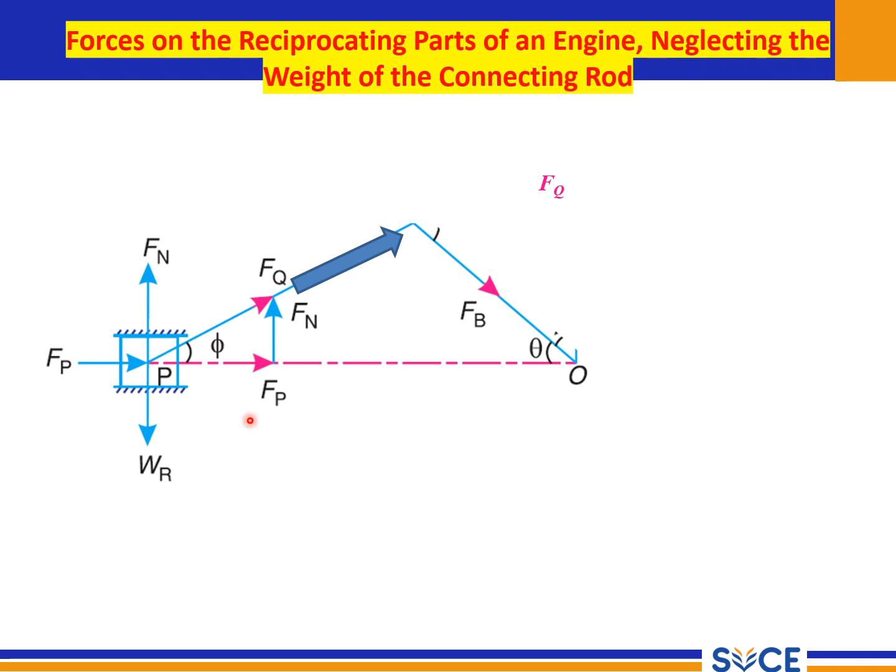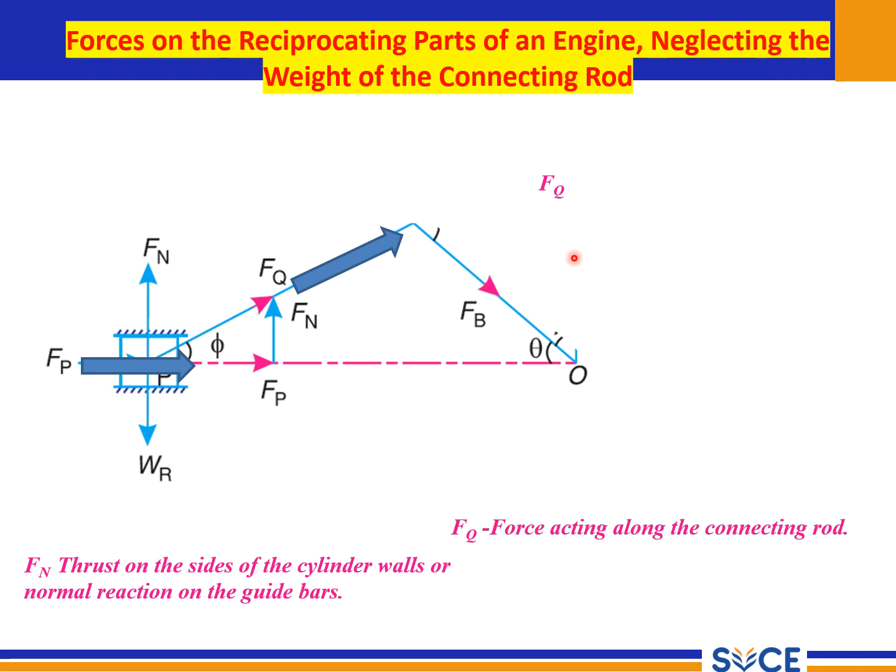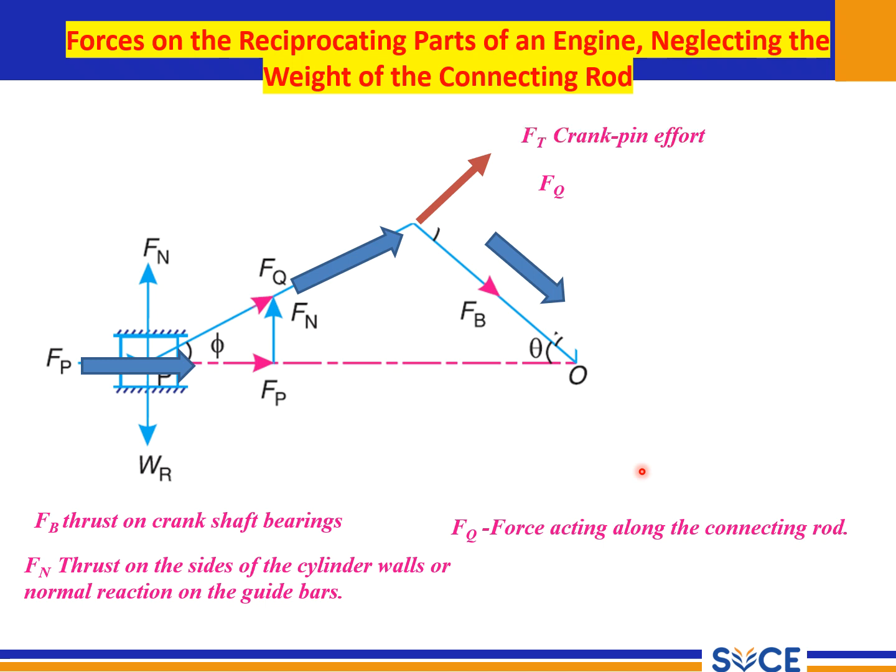So what are the forces acting on the reciprocating parts of an IC engine? We are neglecting the weight of the connecting rod. That is a very important assumption. FP travels along the connecting rod as FQ, then FQ travels along the crankshaft as FB, then we get the last important force, that is FT.